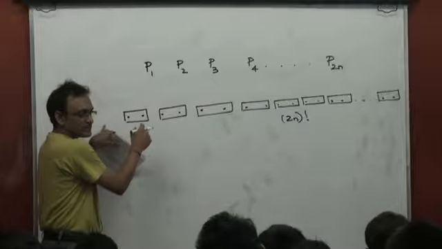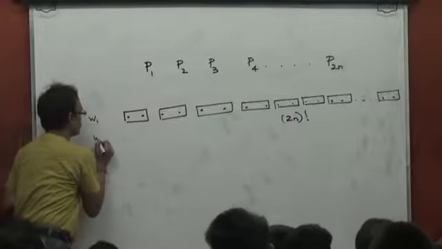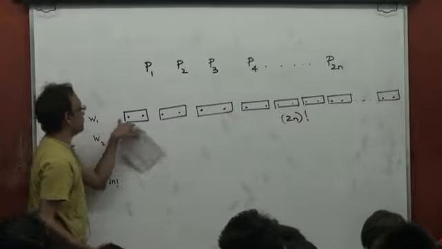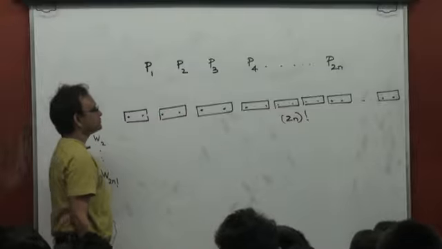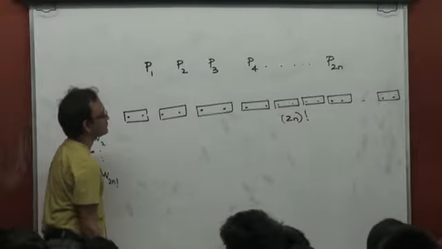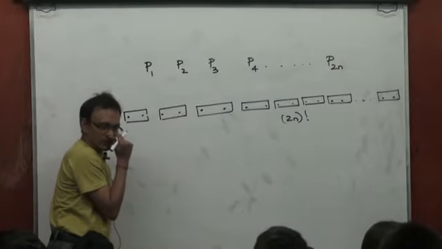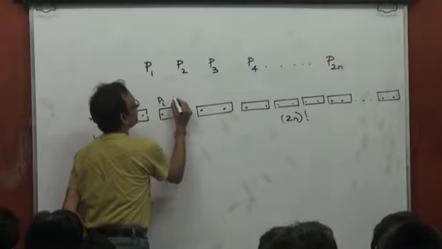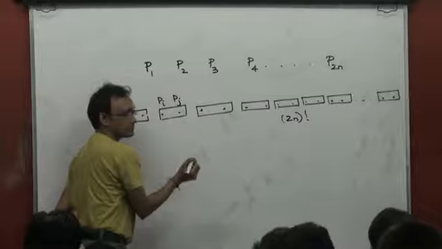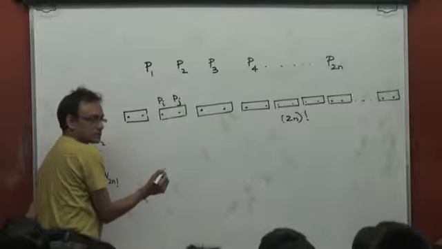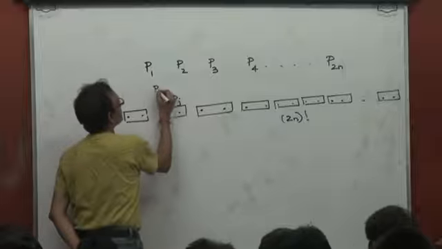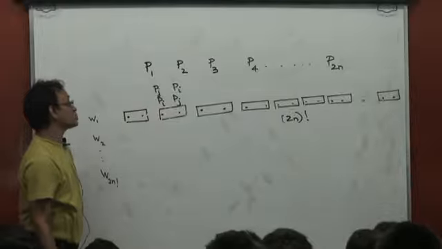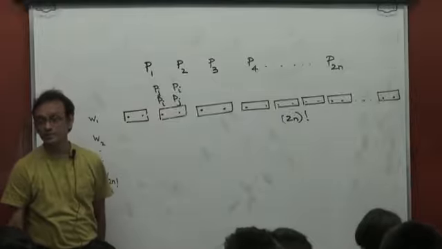There are 2n factorial ways, way 1, way 2, up to way 2n factorial. In each of these ways, for example, let's say there is a pi pj appearing like this, and there is a pj pi that could also be appearing. But that should mean the same.